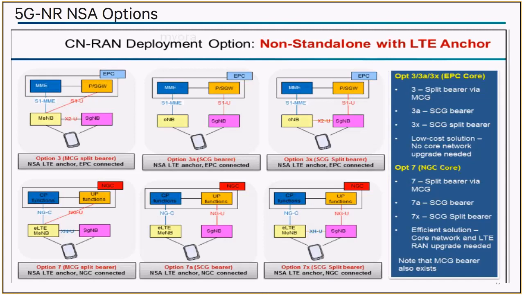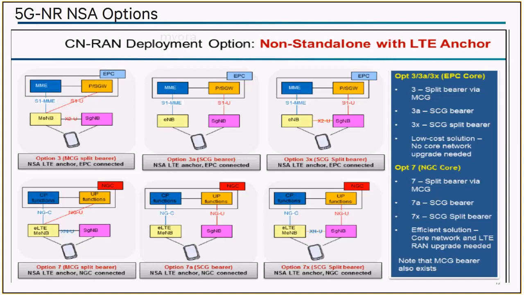That is a cheaper option than to actually upgrade your PGW, SGW and support multiple new G node Bs. Right? Each PGW, SGW supports close to, I think, 5,000 or 10,000 base stations on an average.